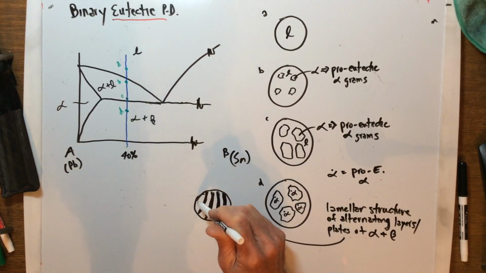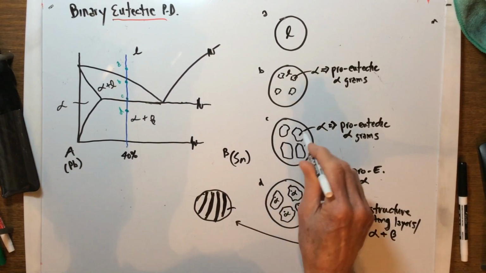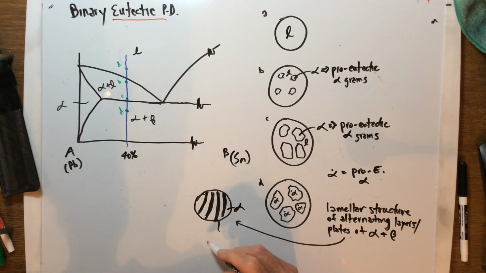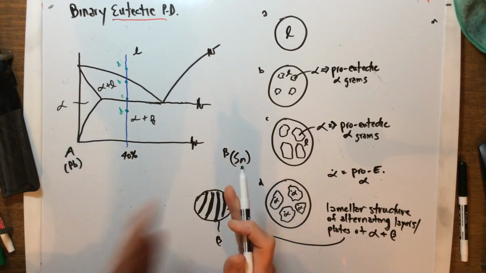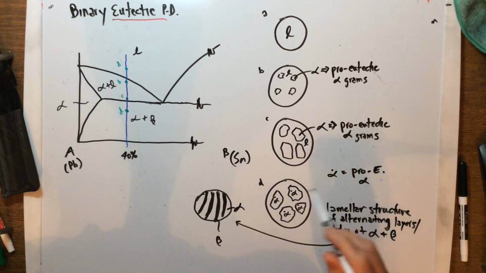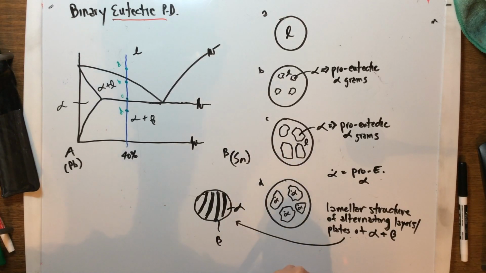And so the white layers would be alpha, and then these dark layers here would be the beta. Okay, so you see they're stacked layers, one on top of the other, of these two microconstituents, these two alpha and beta structures.